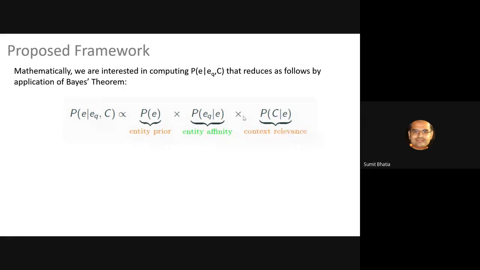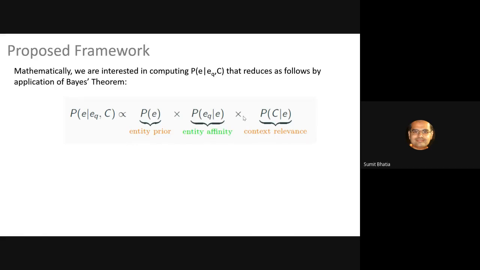So essentially, on the left hand side, the task was Q and C. This was my input, and I wanted to compute my target entity. We have decomposed it into three components for the target entity, right? What is the chance that the target entity will be important without any information? It is just by chance.